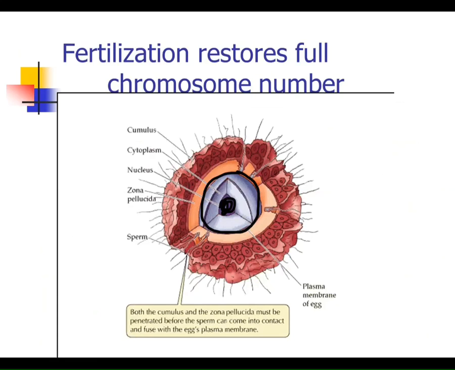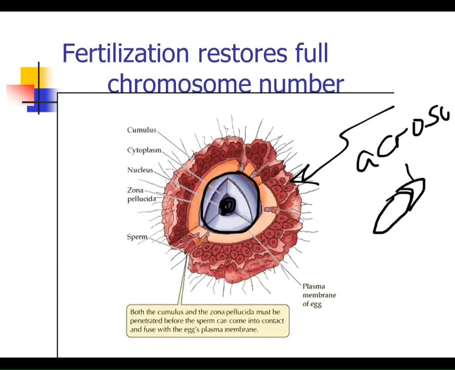And that's what this is showing, that as the sperm is coming in, it has to penetrate through those outer cell layers. And what is it that allows the sperm to penetrate through those layers? You remember at the very end of the head of the sperm, there's a little sac of enzymes? And that was called the what? Acrosome. Right, so the acrosome at the very tip, a little bag of enzymes found at the tip of the sperm, and that will be necessary.